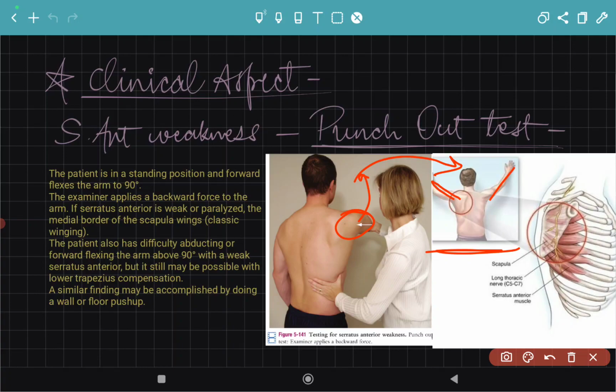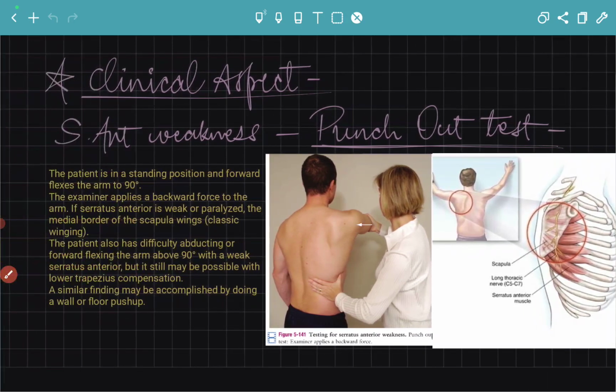To mimic this movement, we can also ask the patient to do a wall or floor push-up to find out the weakness or paralysis of serratus anterior. So this was about the punch-out test and scapular winging seen in serratus anterior weakness. That was about the pectoralis minor muscle and the serratus anterior muscle, their origin, insertion, nerve supply, action, and the clinical aspect, so certain pathology associated with those muscles.